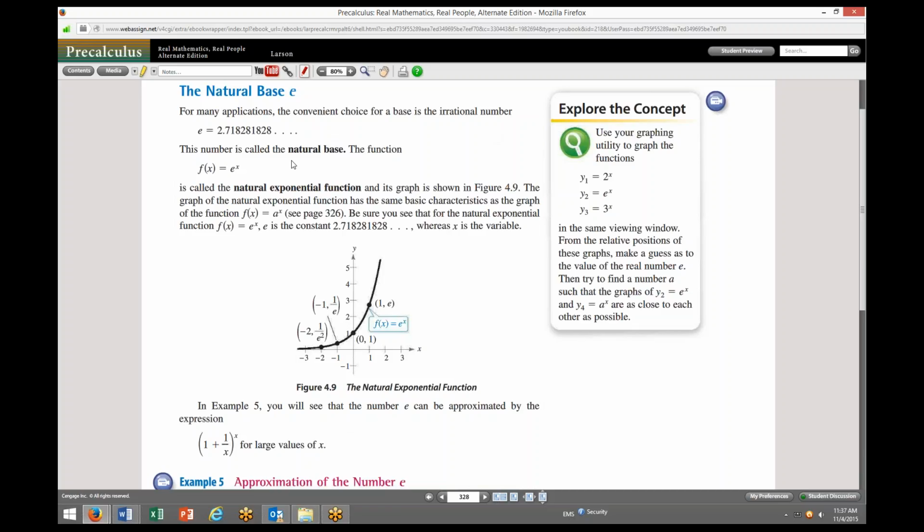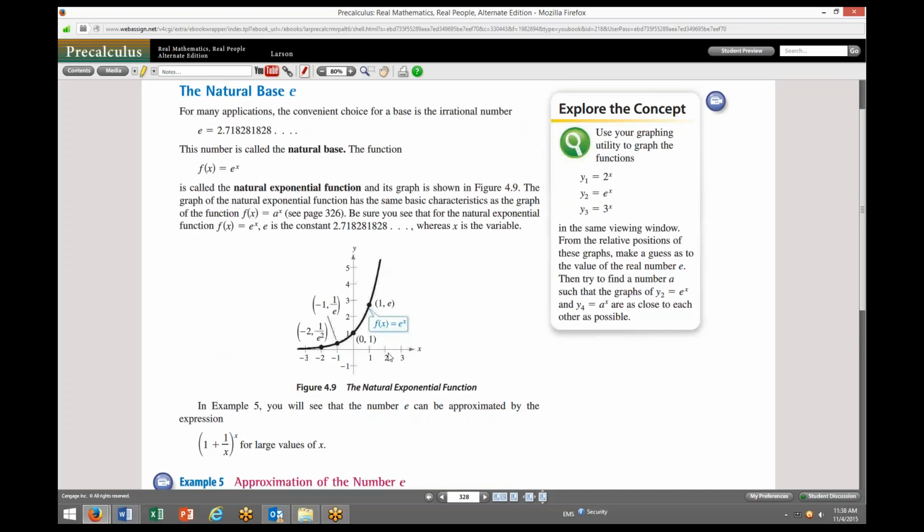Now, we can create an exponential function with the base E. f of x equals e to the x. And this is then called the natural exponential function, simply because it has base E. Like all exponential functions whose base is greater than 1, and of course 2.718, etc., is more than 1, it starts from the lower left and goes up to the right.